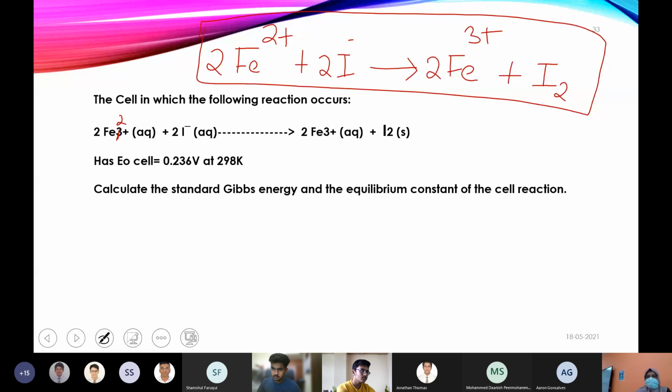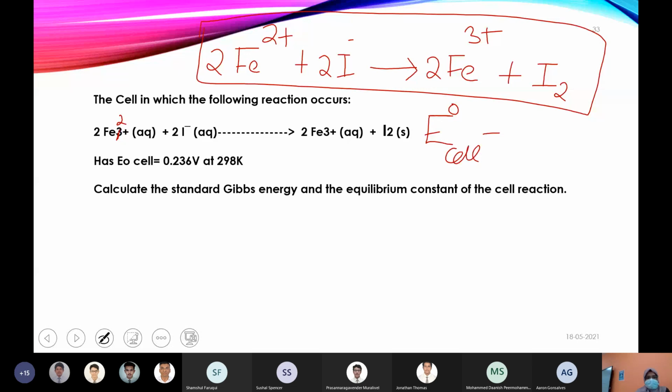The E0 cell is given already in the question, which is equal to 0.236 volt at 298 Kelvin. 298 Kelvin is normal room temperature. Calculate the standard Gibbs energy and equilibrium constant. So you have to calculate the standard Gibbs energy change, delta G0, and also the equilibrium constant Kc for the cell reaction.